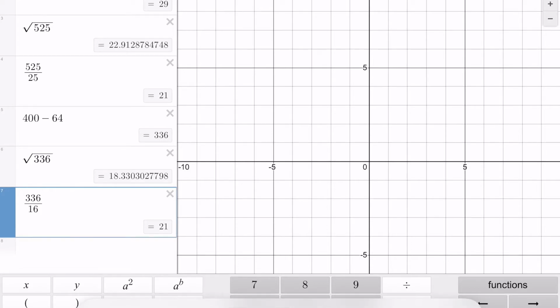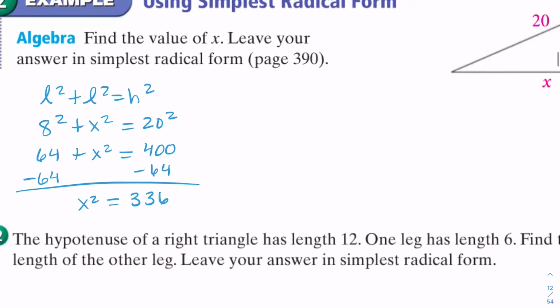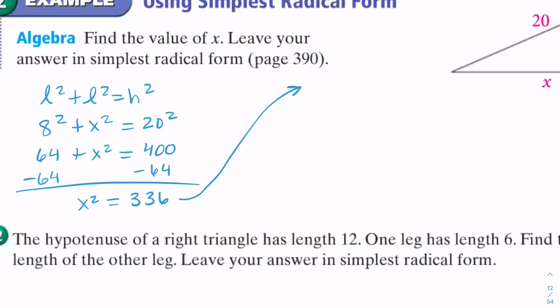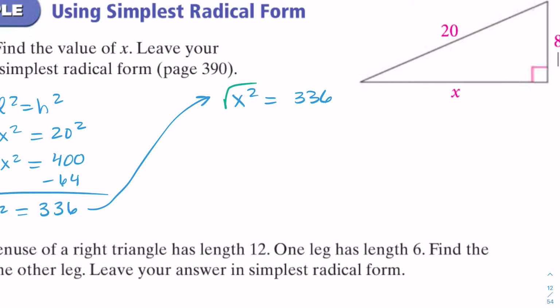So I'll do 336, which is 16 and 21. So we have x squared equals 336. We all know what's coming now. Boom, the square root. So x equals the square root of 336.